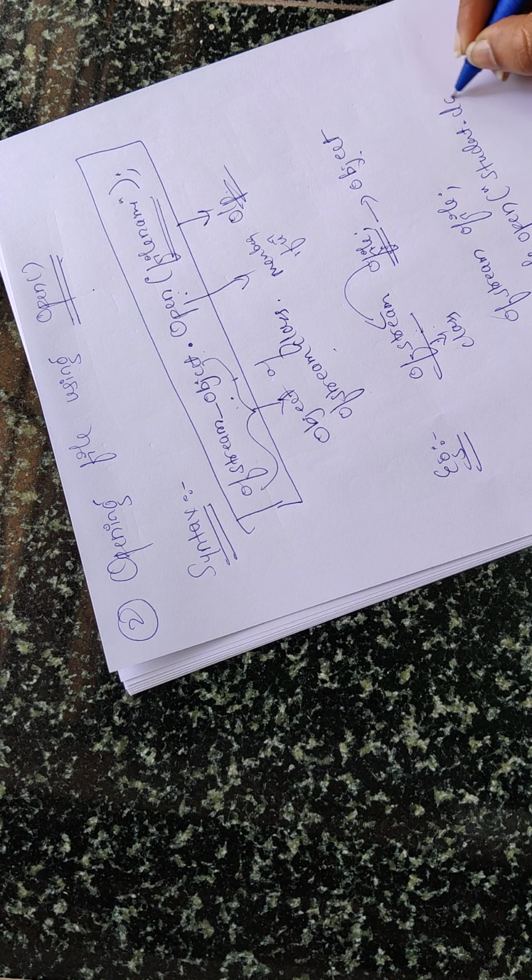And next, the second case, using the open member function: first write the fstream object, then the dot open function. Again here two arguments will come: one is your file name, and the other is the mode in which you want to open your file.